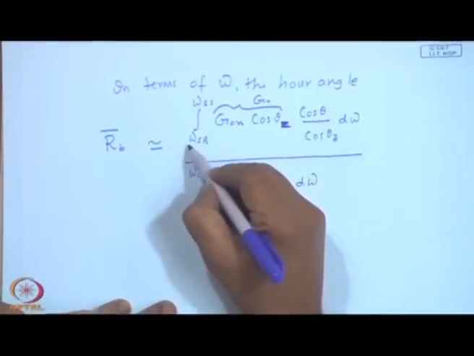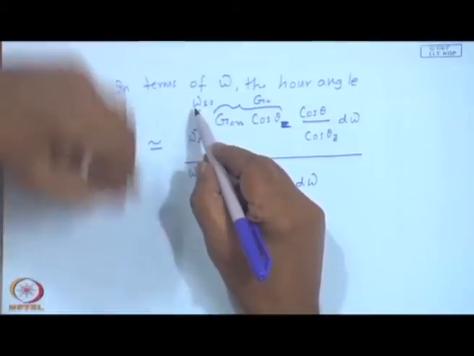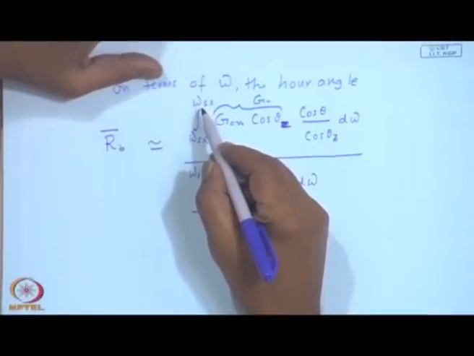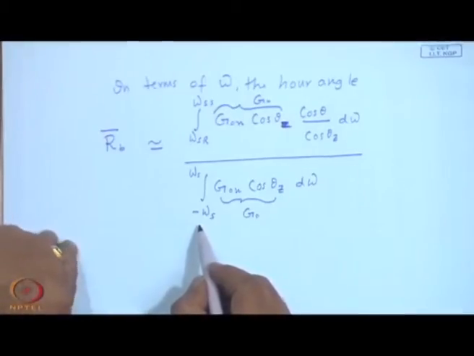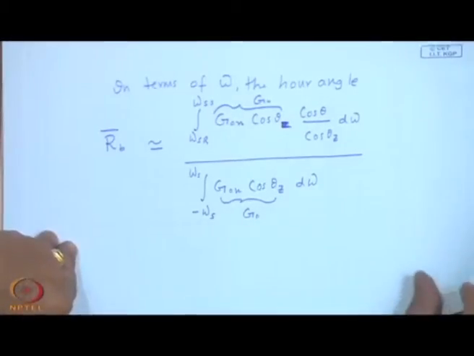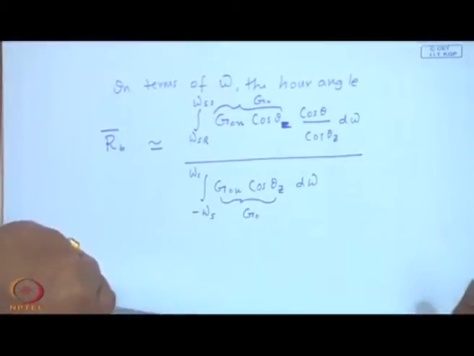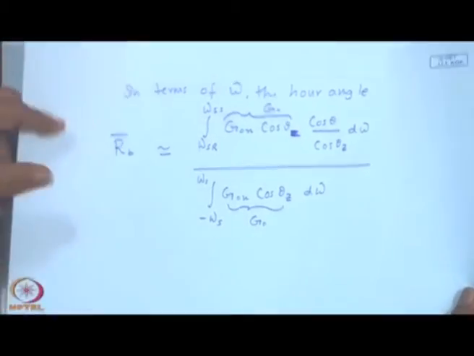I am now distinguishing that the tilted surface may not see the radiation all the time as the physical sun sees the horizontal surface or above the horizon. Okay. So, let me rewrite it.